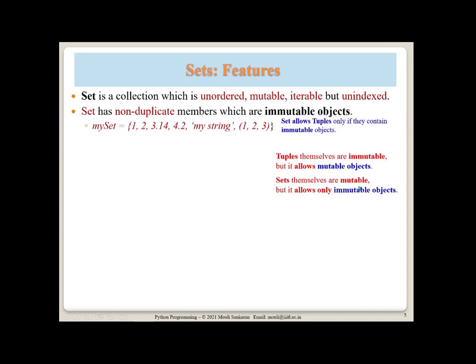Here, sets themselves are mutable. It's the reverse of the tuple. In sets you can keep adding more elements. Sets are mutable, but the objects that they hold are immutable. It allows only immutable objects, whereas tuples themselves are immutable, but allow both mutable and immutable objects.